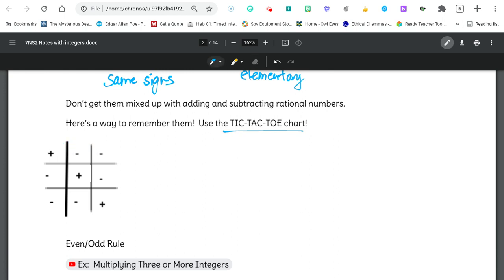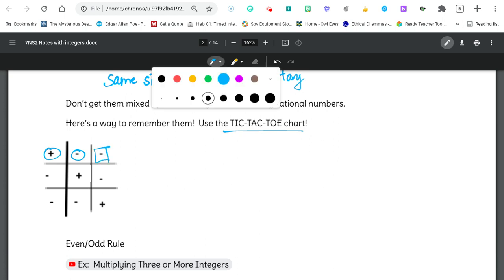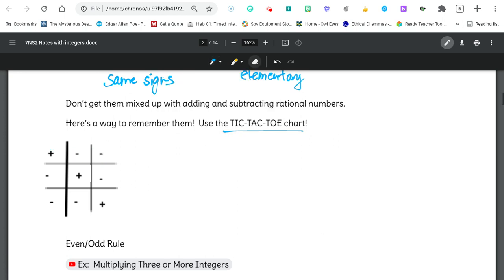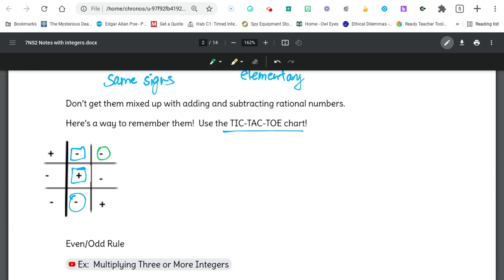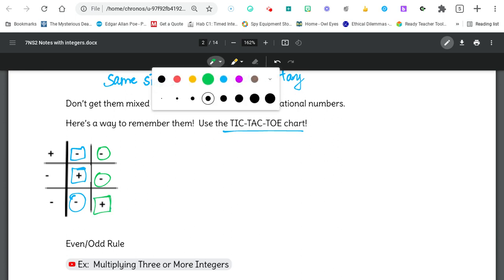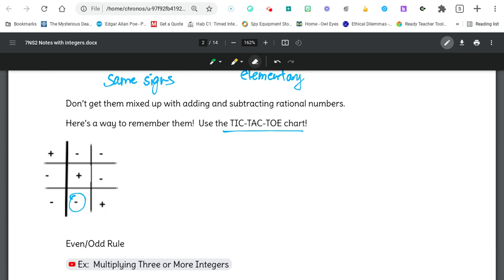Or I can say a positive times a negative gives me a negative. It doesn't matter which way you look at it. I can say a negative times a positive is a negative. You just have to remember that this has to be all positives and the rest of them are negatives.